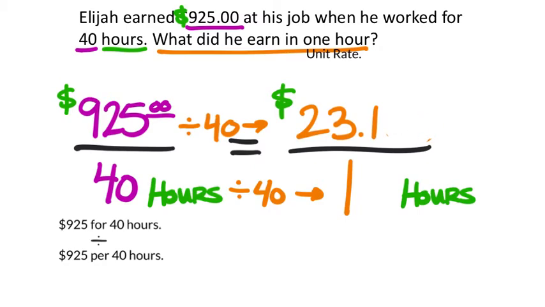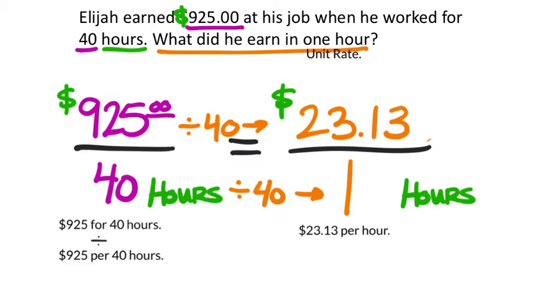Now, since we rounded, this is actually more of an estimation, but that's okay. And on Canvas, by the way, when you write this in, you'll probably only need to write this number in. You don't need any of the labels. Generally speaking, it will have the labels for you. Okay. But again, the way we would communicate this final rate here is $23.13 per hour.